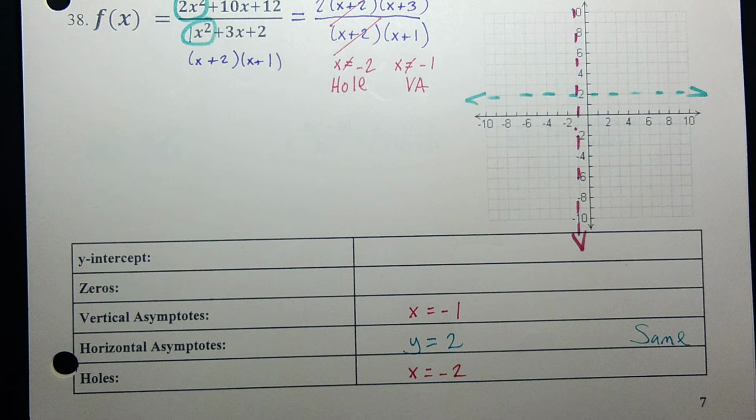Zeros are a little bit easier with the canceled factored form. And remember to write your answer as a coordinate.